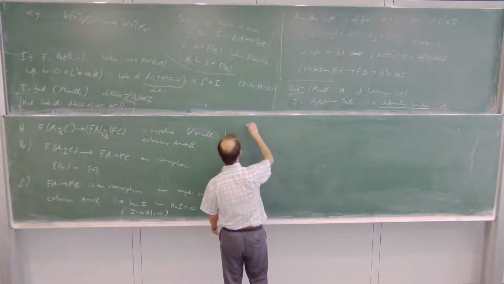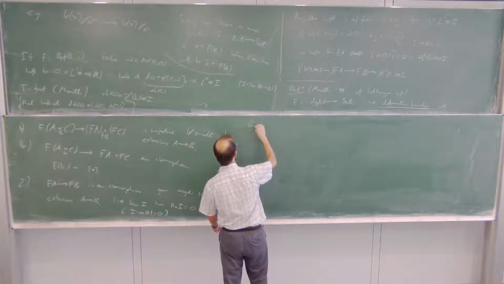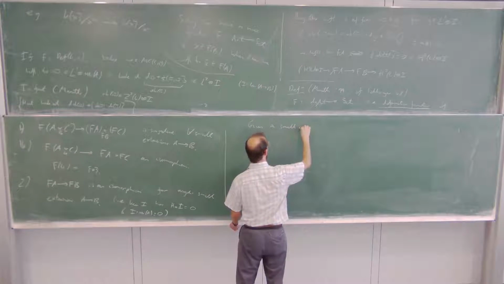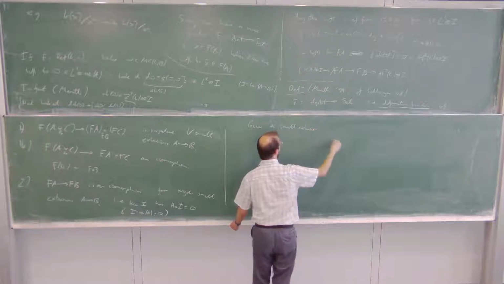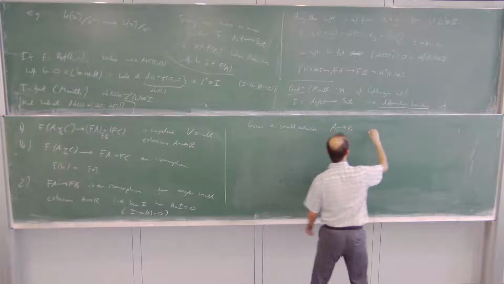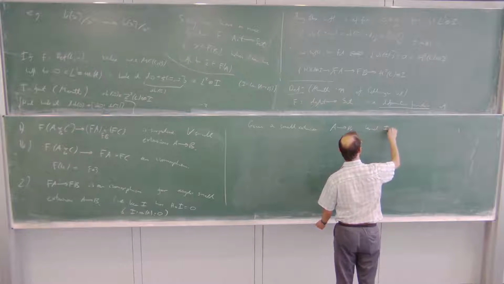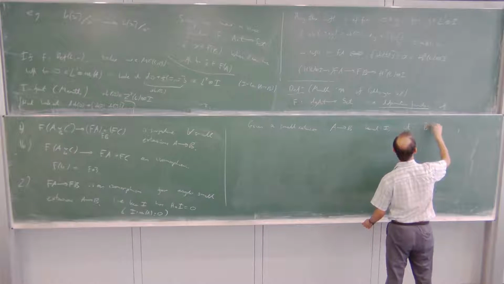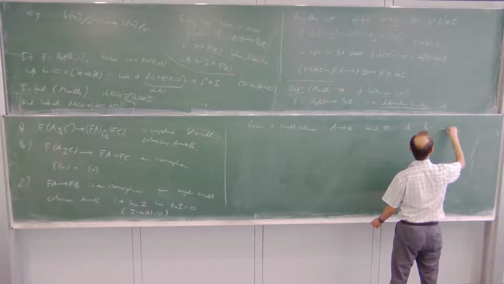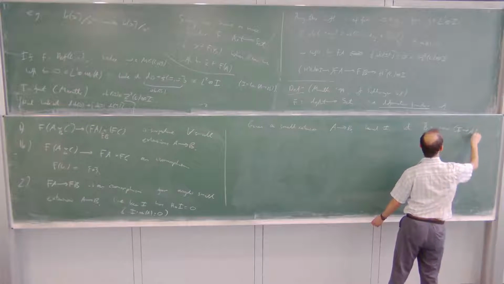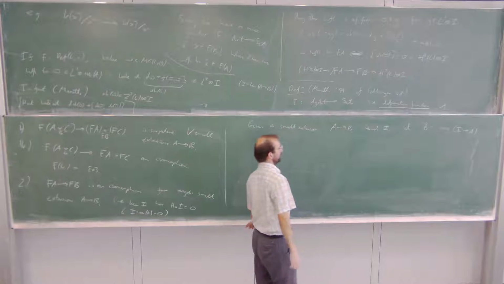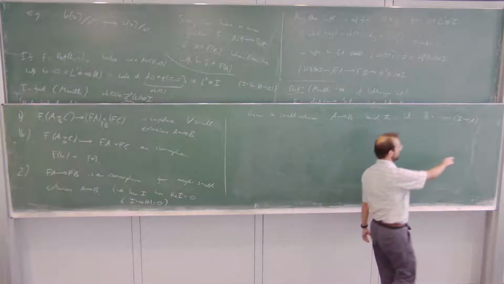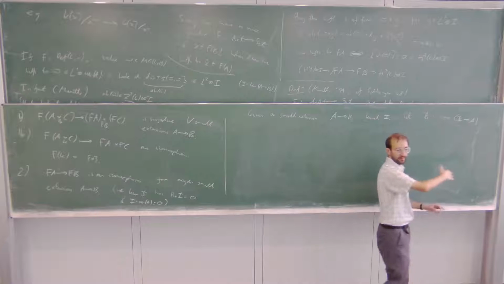So, given a small extension A to B, with kernel I, let B tilde be the cone of that map from I to A. So if these things are all in degree zero, this is just a complex with two terms. We've got A in degree zero, I in degree one.